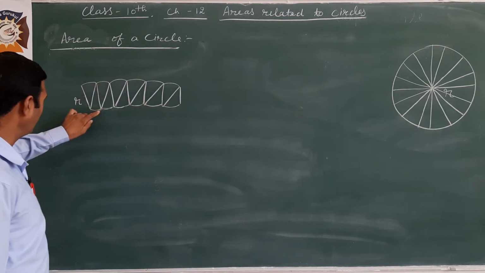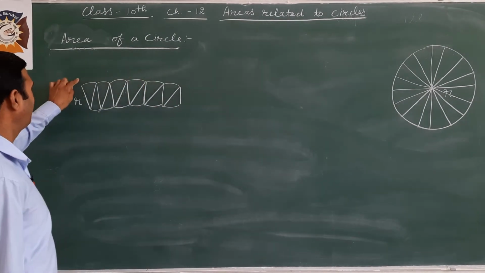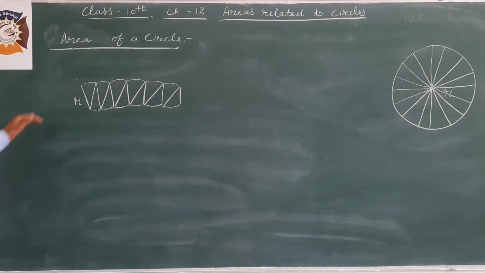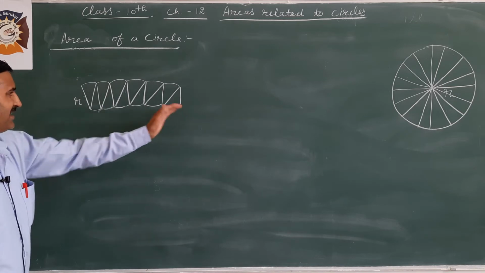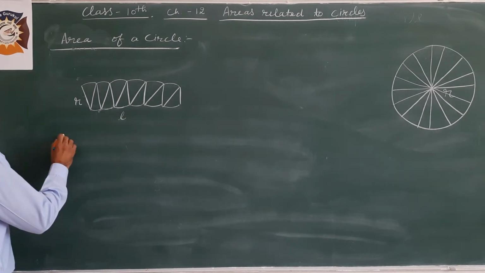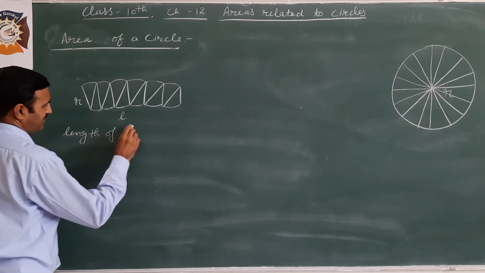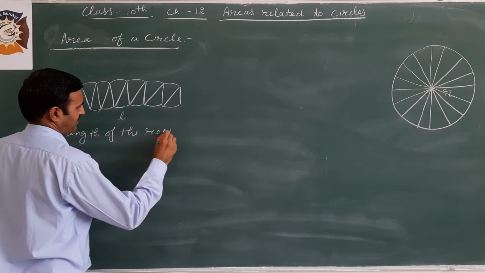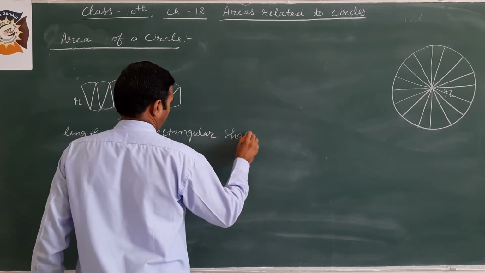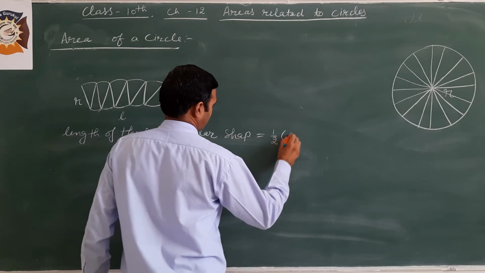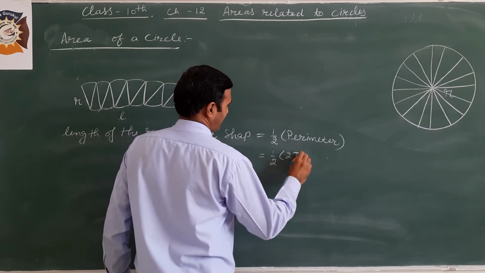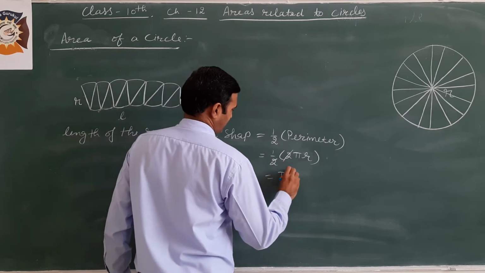If we add this and this, then that is the whole perimeter, but this is half the perimeter. The more parts there are, the more we can suppose it to be a straight line. If this is the straight line, then this is the length of this rectangle, and this is the rectangular shape now. And what is the length of the rectangle? Half of the perimeter, and we know the perimeter is 2 pi r. So the length is pi r.